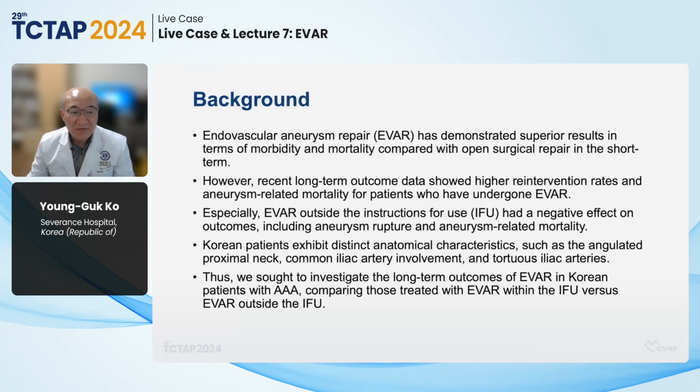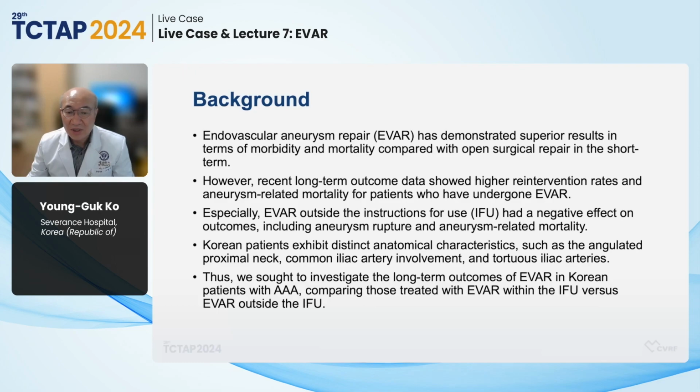Especially EVAR outside the instructions for use, IFU, had a negative effect on the outcomes, including aneurysm rupture and aneurysm-related mortality. Korean patients exhibit distinct anatomical characteristics, such as the angulated proximal neck, common iliac artery involvement, and tortuous iliac arteries.